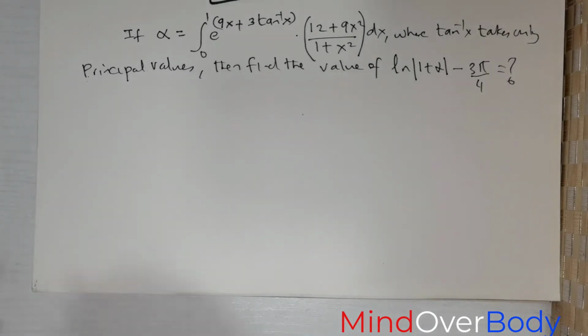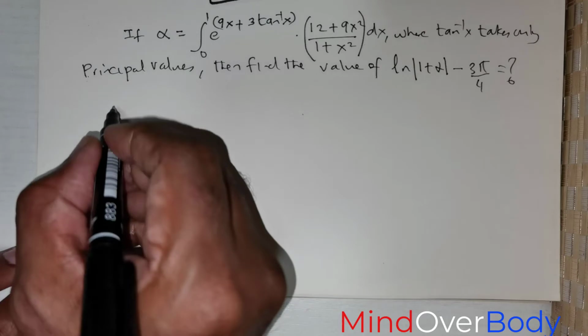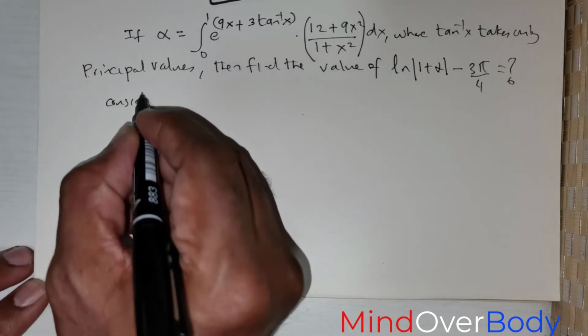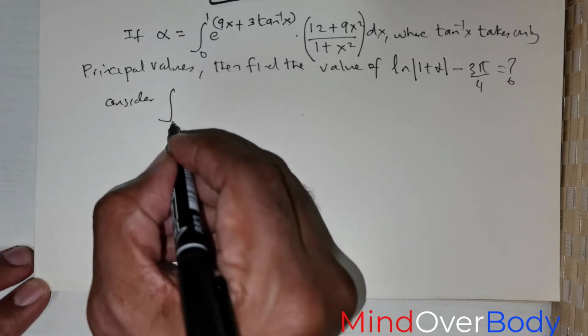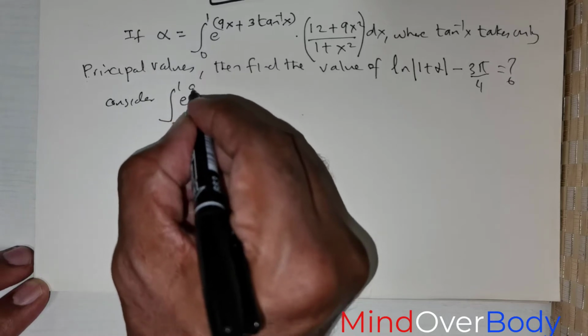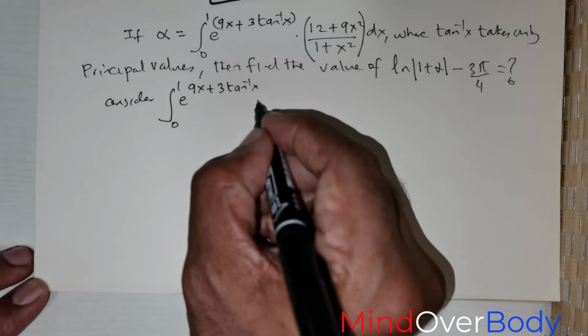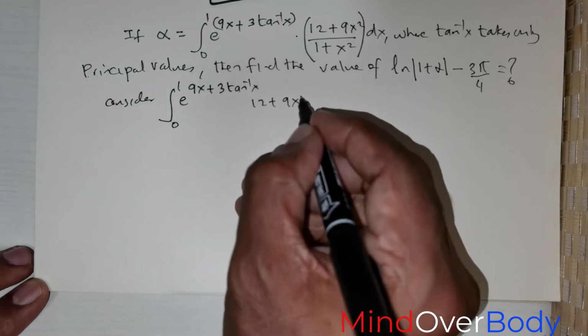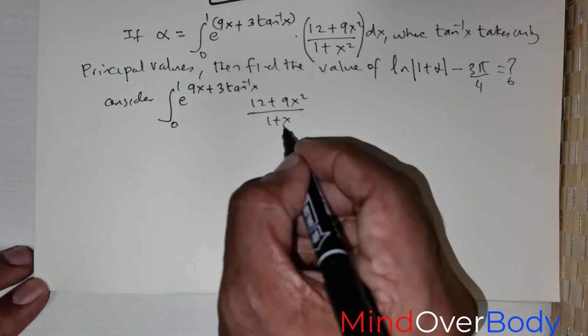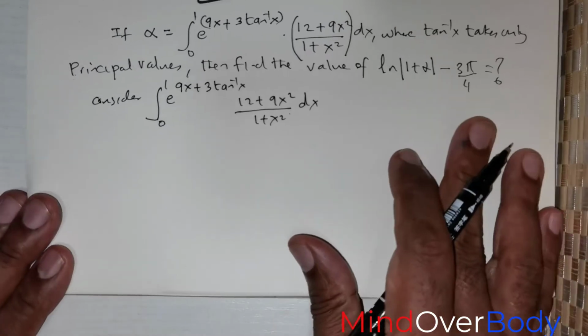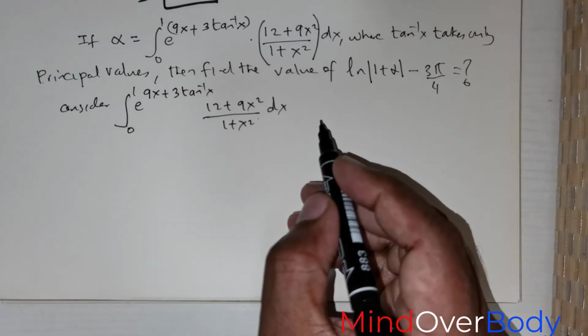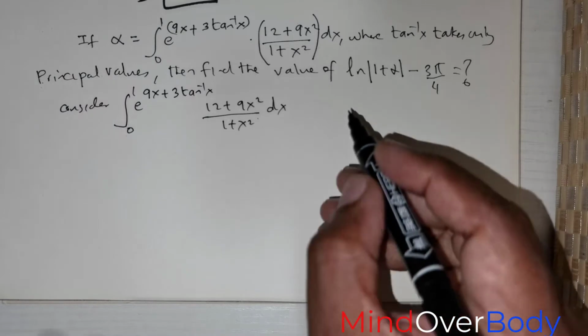So foremost, I would like to consider the given integral from 0 to 1 of e raised to the power of (9x + 3 tan inverse of x) times (12 + 9x squared) divided by (1 + x squared) dx. I will use the technique of substitution.